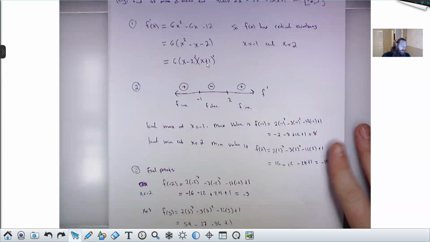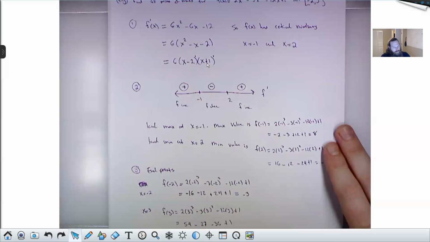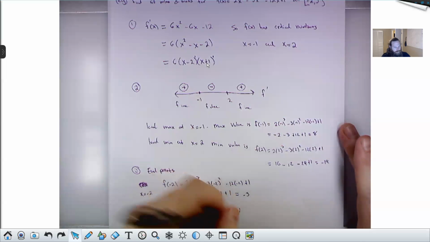What is that? 54 minus 27. Well, 50 minus 25 would be 25. 54 minus 25 would be 29. Minus another 2 is 27. Oh, yeah, of course it is. Yeah, so this is 27. Positive 27 minus 36. So that is -9. -9 plus 1 is -8.